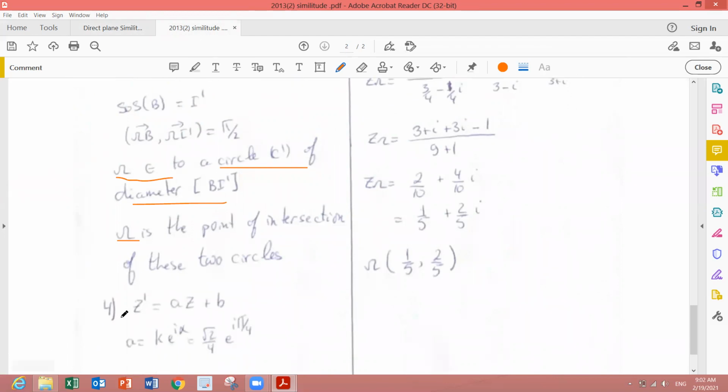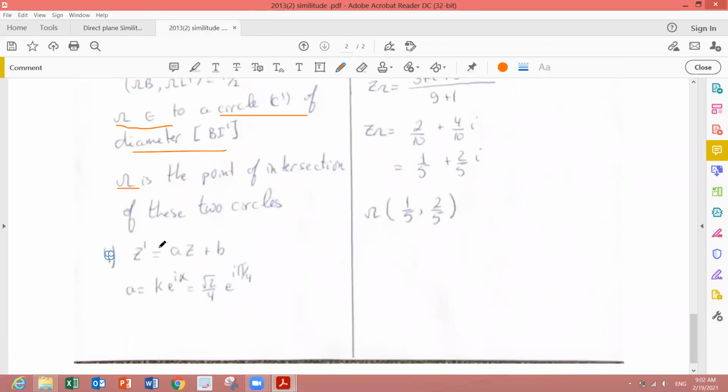You know that the complex form of a similitude has the form Z prime equals AZ plus B. Now to find A equals k e^(i alpha), where k is radical 2 over 4, e^(i pi over 4).